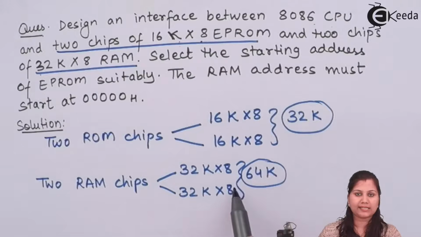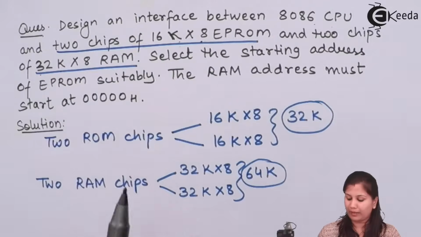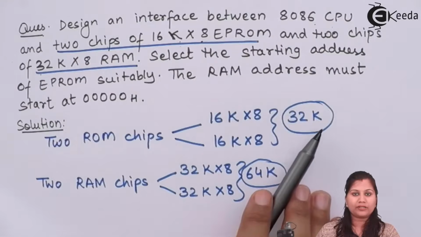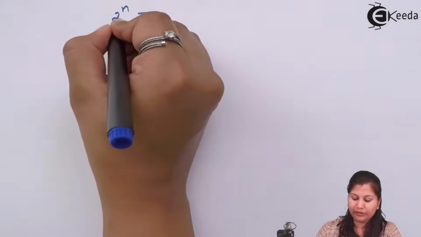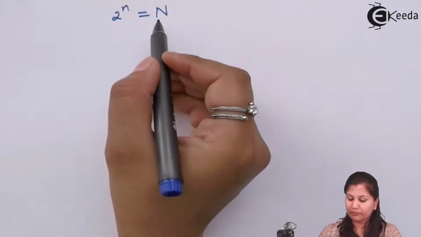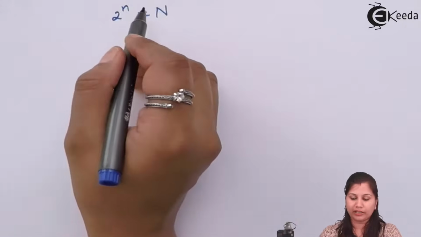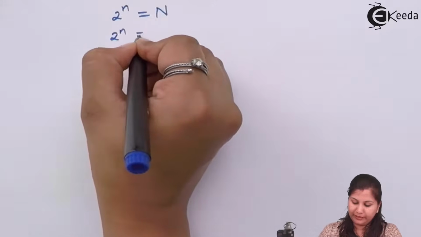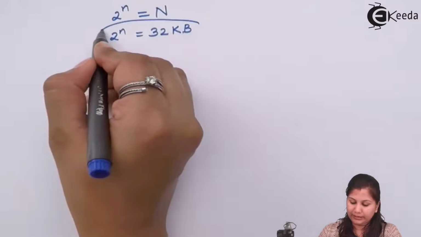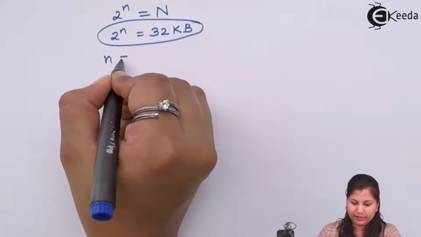Now using this memory size, we can determine the number of address lines required to address the ROM and the RAM chips. For ROM we have 32 kilobytes of memory, so we will use the formula 2 raised to the power n equals capital N. Capital N is the number of memory locations, or the size of the memory, and small n is the number of address lines. If we calculate this for 32 kilobytes, we get 15 address lines.